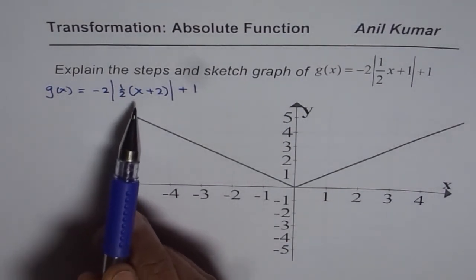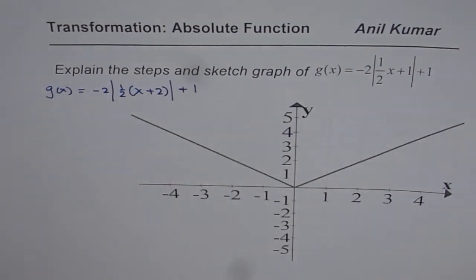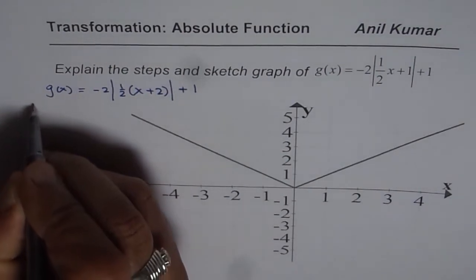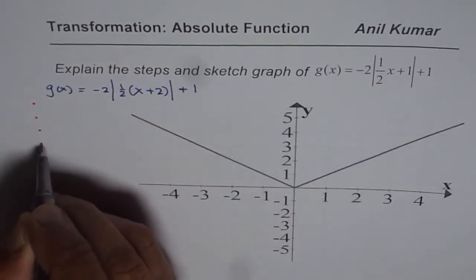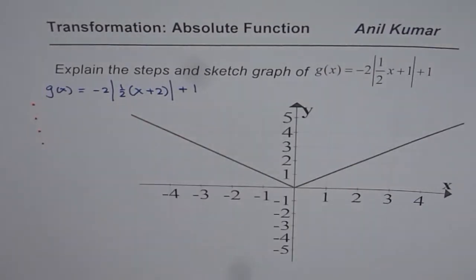And from here, you can actually describe the transformations. So let's describe the transformations one by one. We'll begin from the left side and move towards the right so that we describe each one of them in proper order.